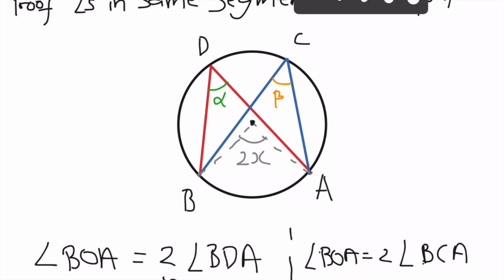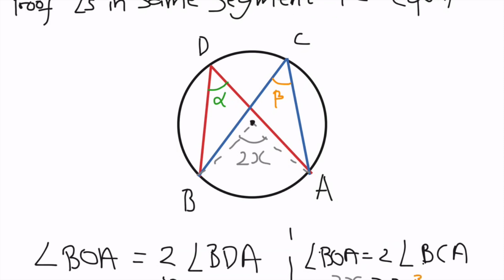So x is equal to alpha. And in the same way, BOA is 2x, so put here 2x, then equal to 2 times BCA. BCA is beta, right?